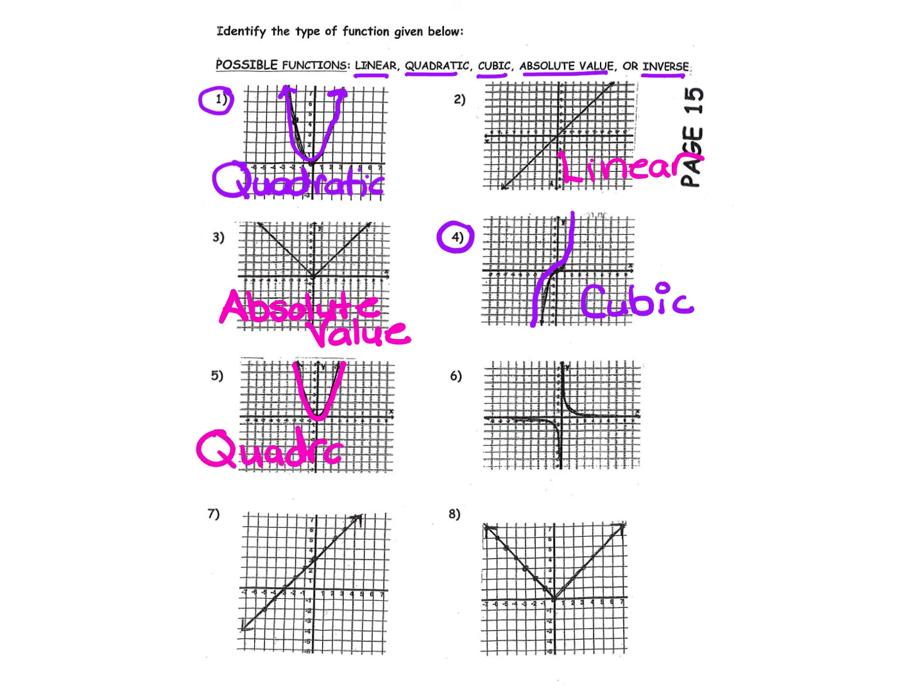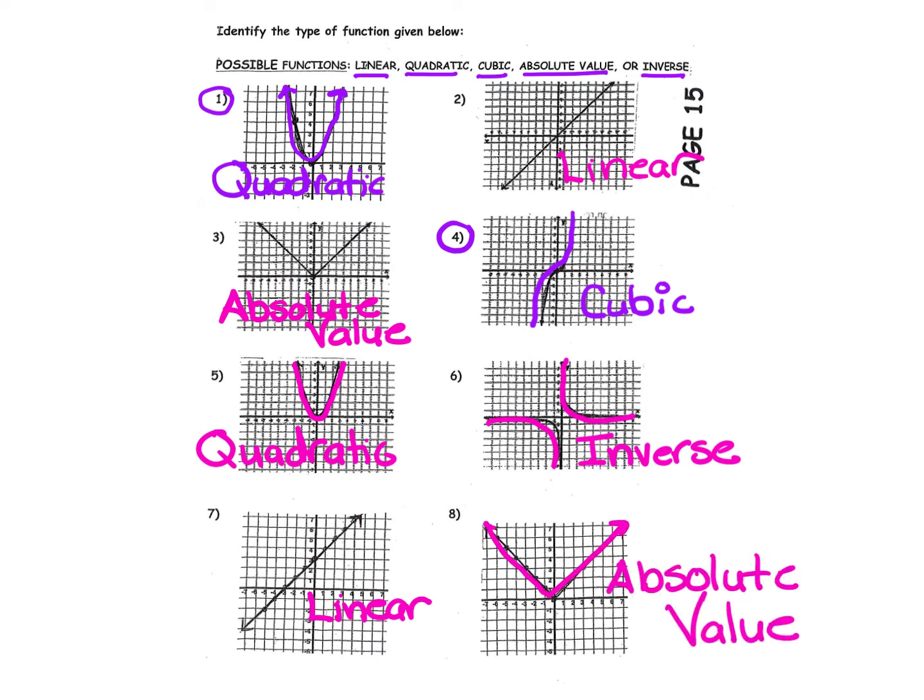Give yourself a C if you got that right. These curved shape graphs go along with the inverse function. This straight line, of course, this is linear. Give yourself a C if you had that one right. And lastly, that V-shaped graph, absolute value function.